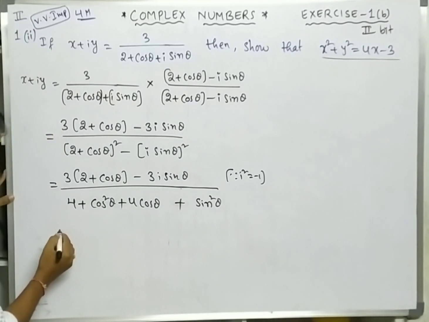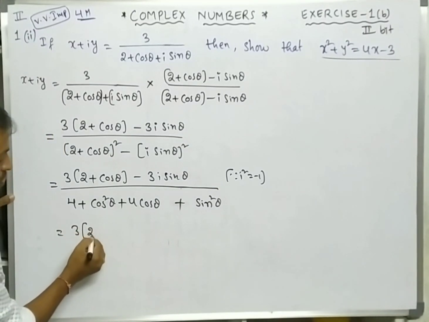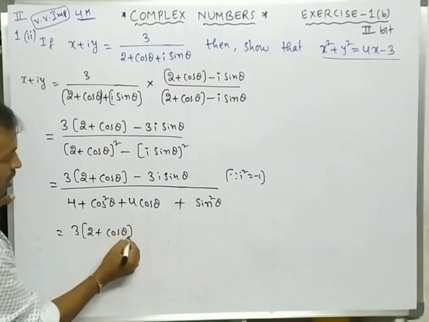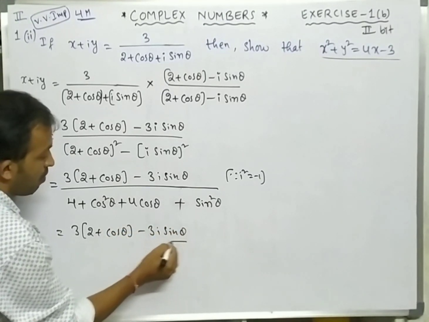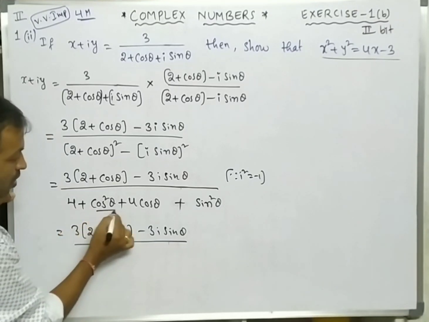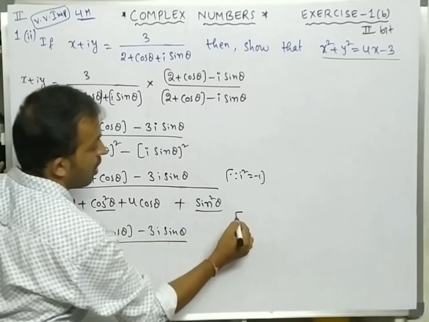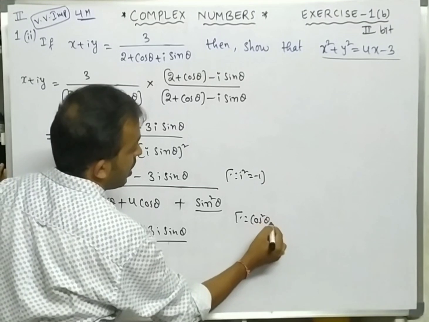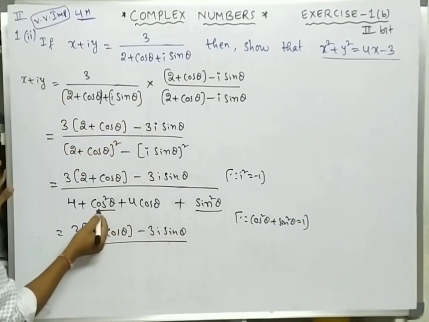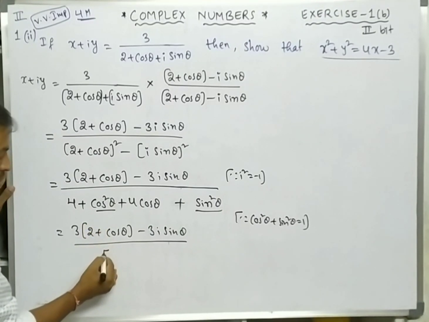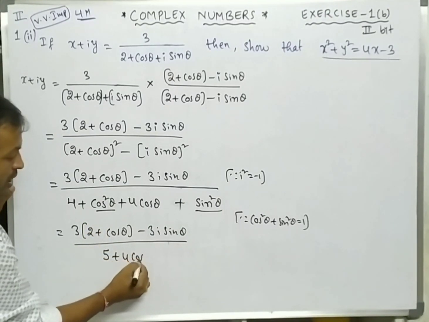Since i square is equal to minus 1, minus into minus becomes plus. Now 3 into (2 plus cos theta) minus 3i sin theta by 4 plus cos square theta plus sin square theta. Cos square theta plus sin square theta is 1 from trigonometry. 1 plus 4 is 5, plus 4 cos theta.